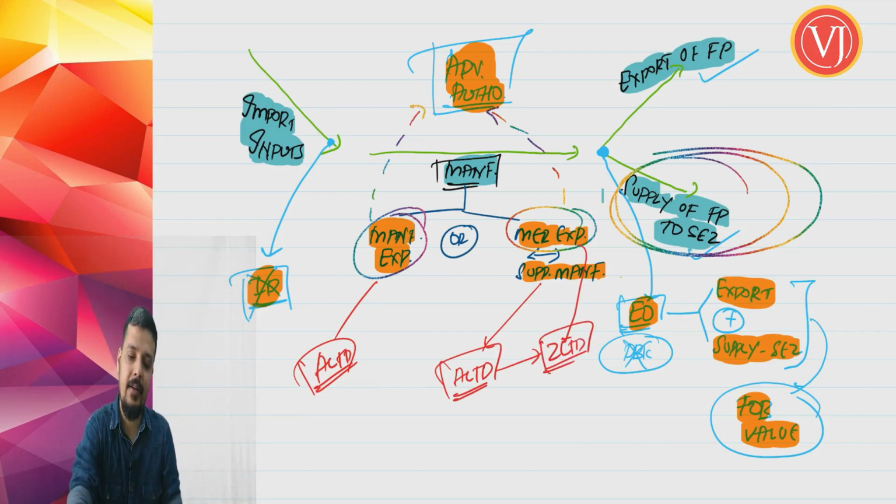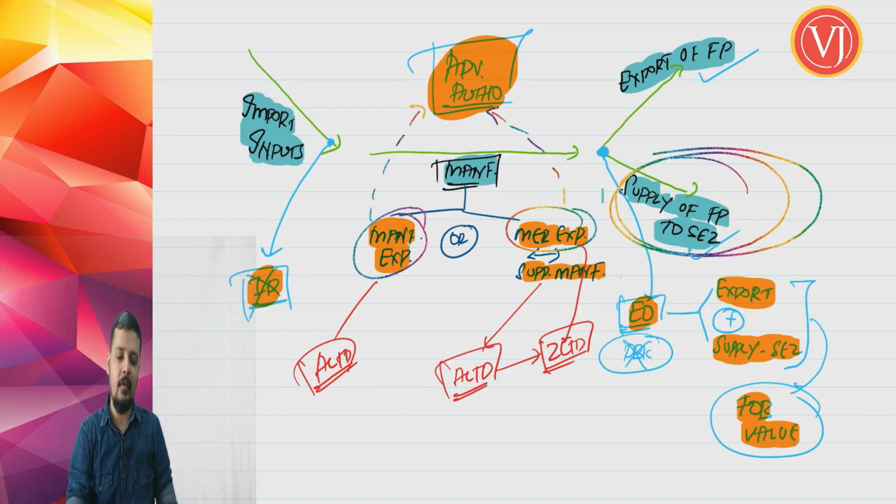But in the first example that we have discussed, you are talking about only one advance authorization. Even if it is A Limited and Z Limited, both of them are working with a single advance authorization.